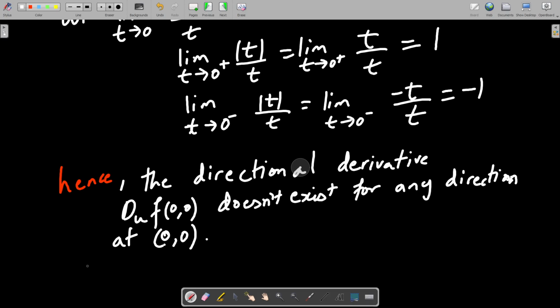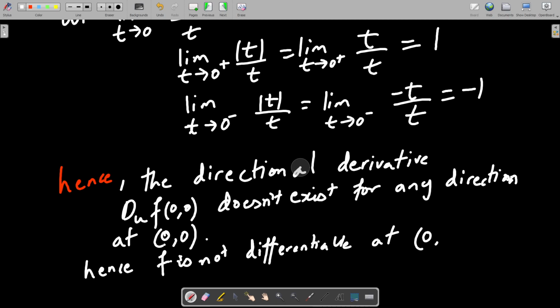Okay, hence f is not differentiable at (0,0). Okay, f is not differentiable at (0,0).